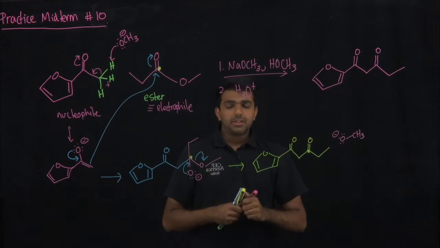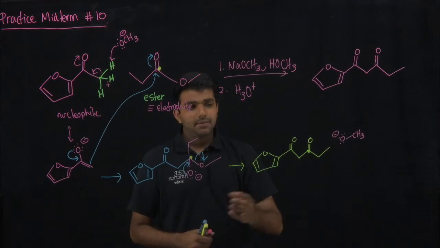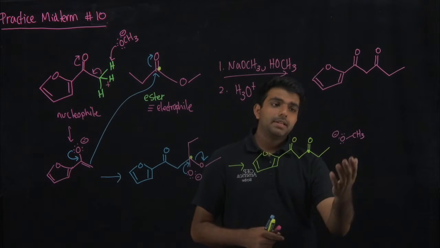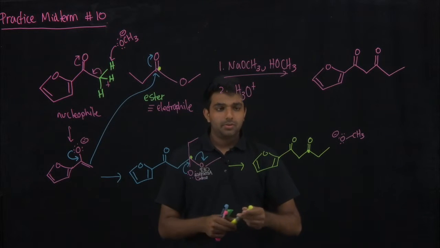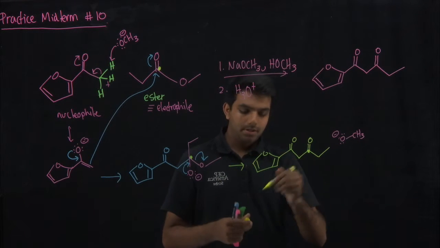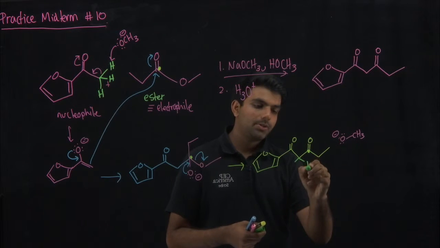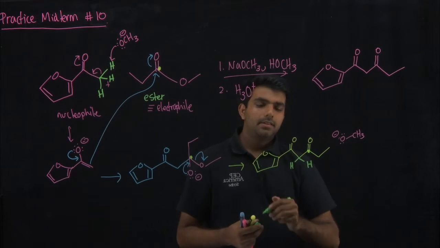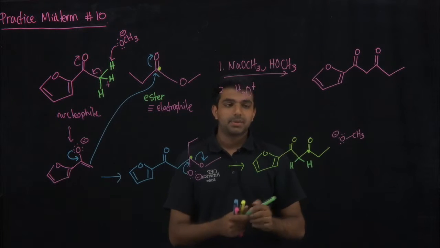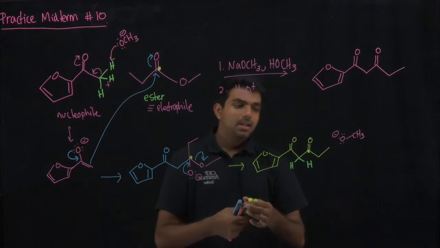So we're almost done. Because we have a 1,3-dicarbonyl and because we have a base in solution, hopefully your malonic or acetoacetic ester synthesis reminds you that there's hydrogens here which are very acidic, and the acidity is because of the resonance that is provided by the adjacent carbonyls.